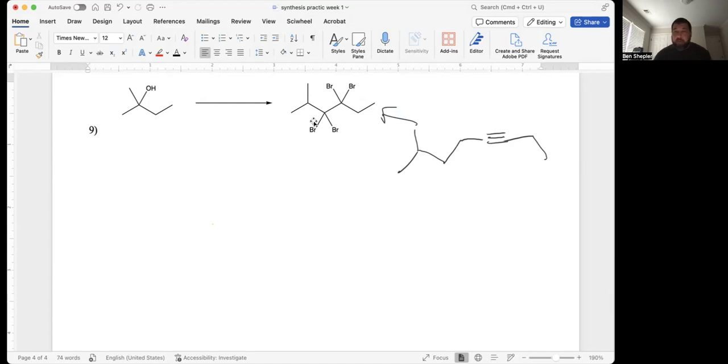And I'm sorry, the drawing is even worse than normal. And so if I have that alkyne, what reagents would I use? No, I'm sorry, that's not right. Let's try that again.